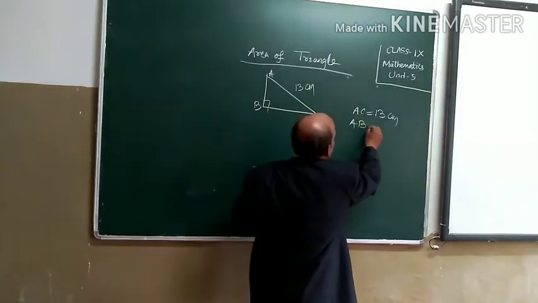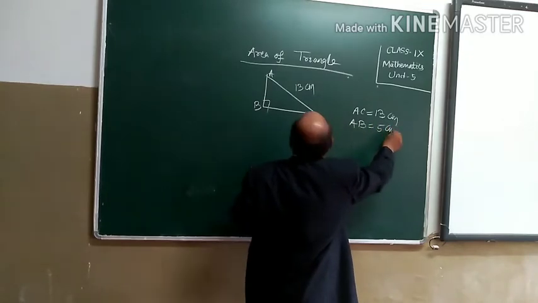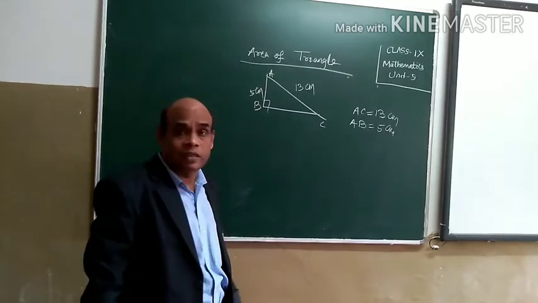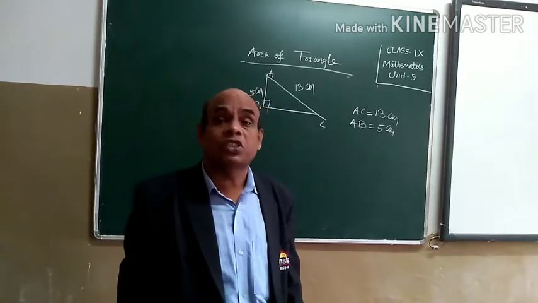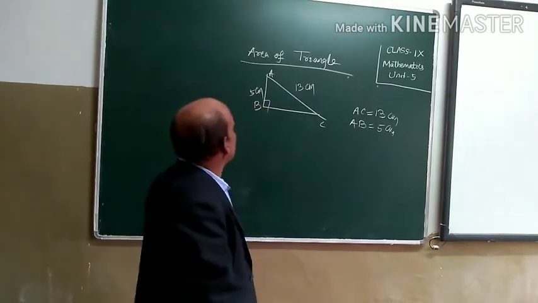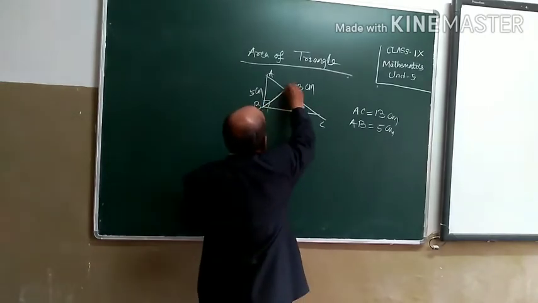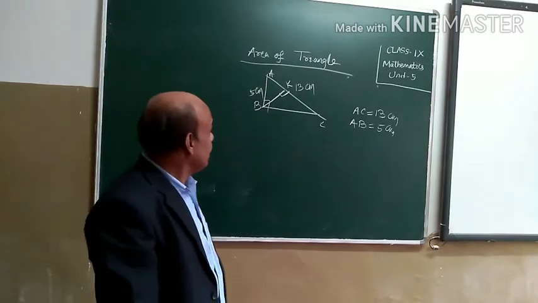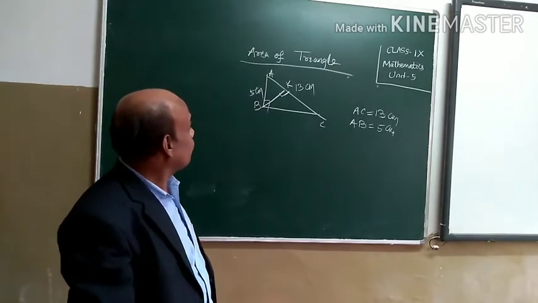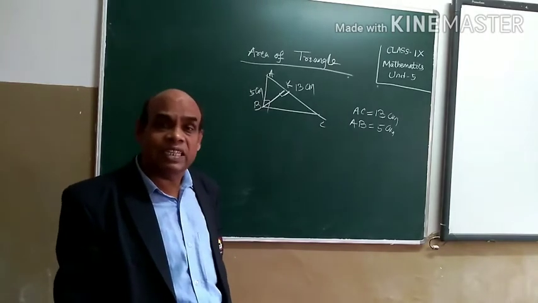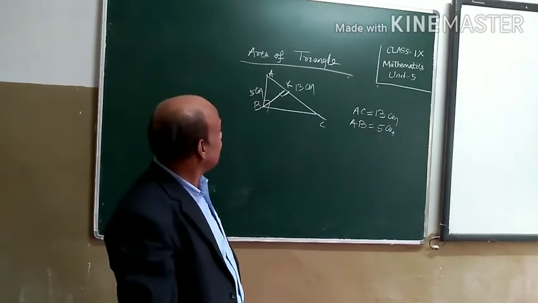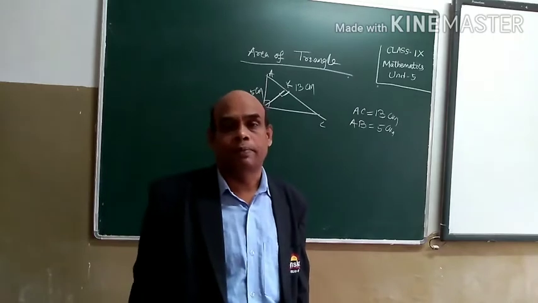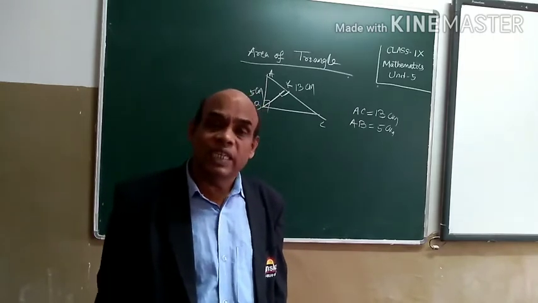AB is 5 centimeter, and the question is asking: if BK is perpendicular to AC, find out the value of BK.